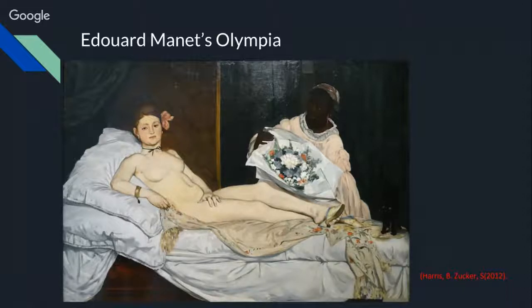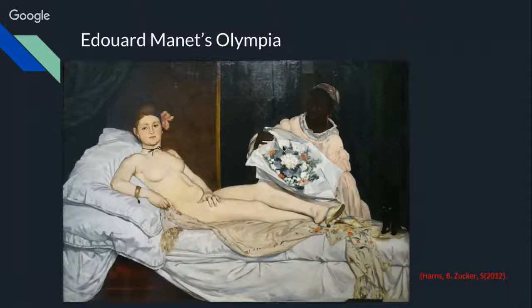The features are not idealized in this painting. Olympia is looking directly at the viewer. Olympia has a servant right here, carrying flowers and showing the flowers to Olympia.